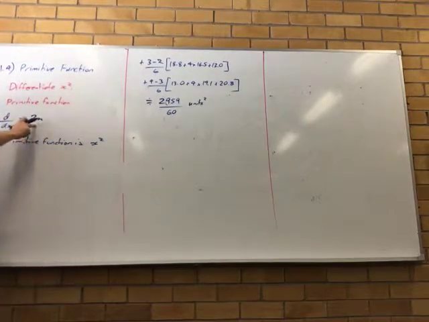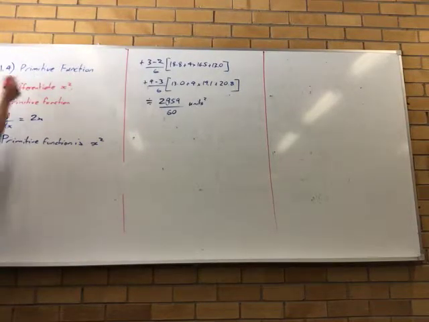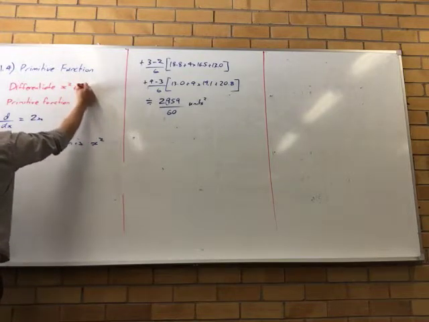So you're integrating that to get that. Anti-differentiation. It's just the reverse. Hence primitive. Very cluey.